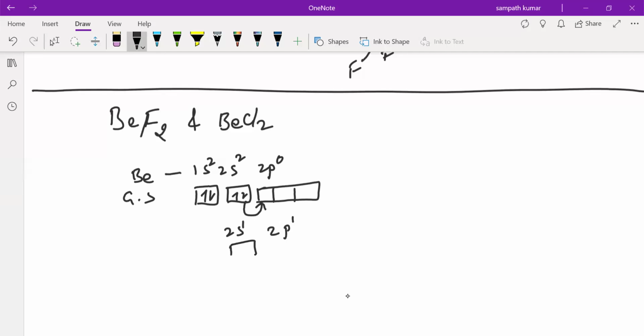Here also bonds are formed like this. The two orbitals, one s orbital and one p orbital, give us sp hybrid orbitals.